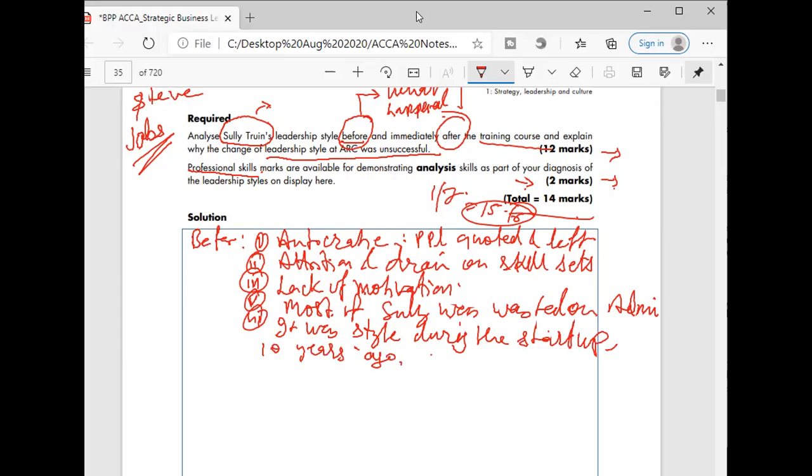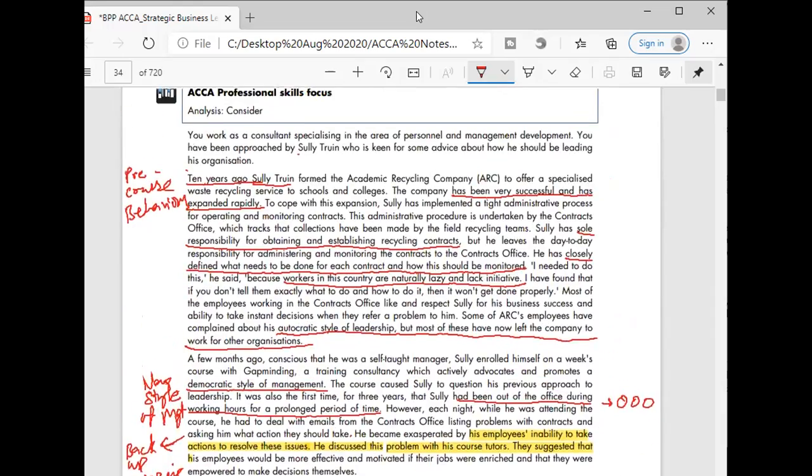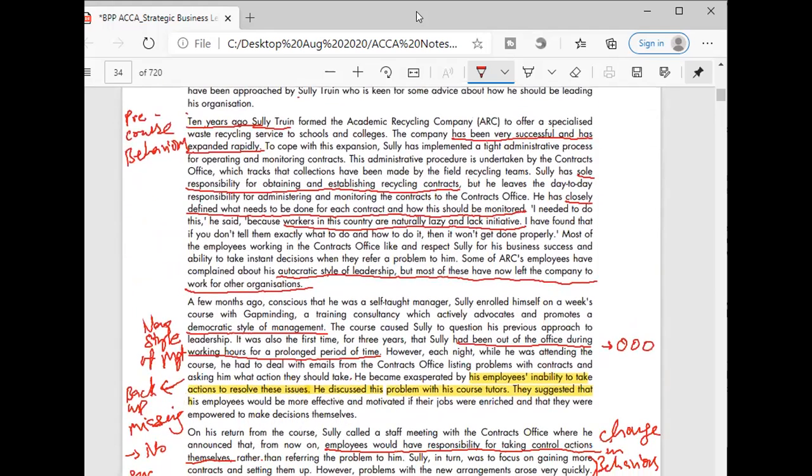Well, I have just noted down this point from my memory as I was going through, but you can check again, because this section relates to all his style before the training program, and that's what we are asking here. So what are the key points I noted 10 years ago?